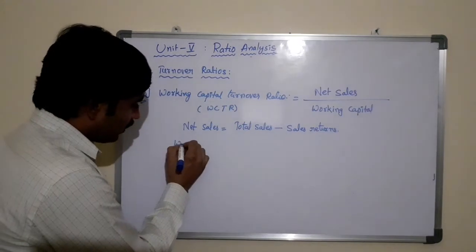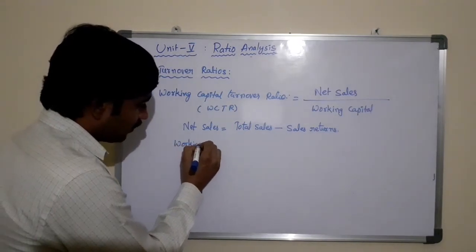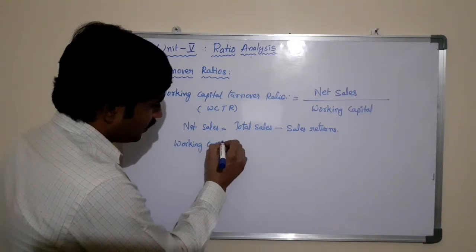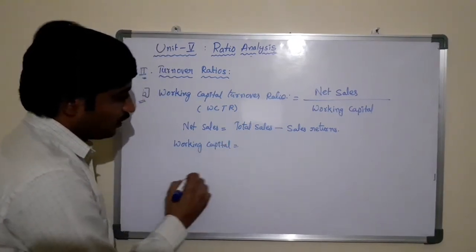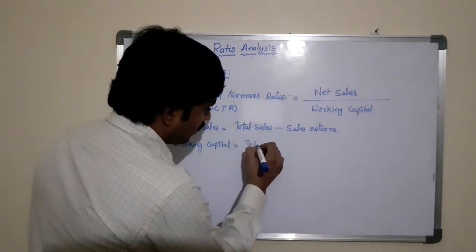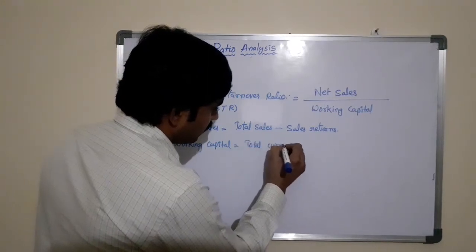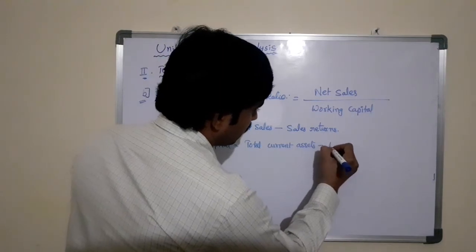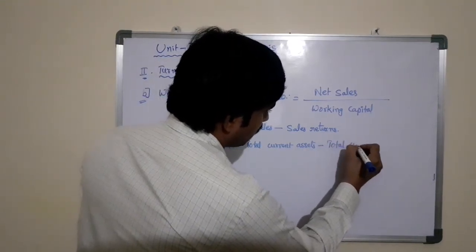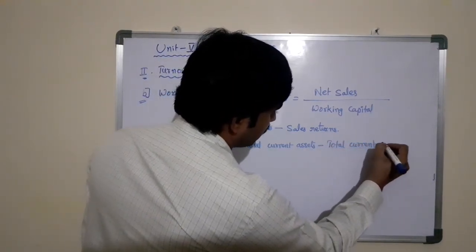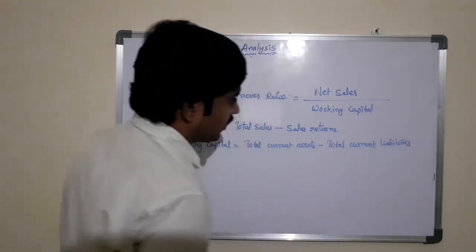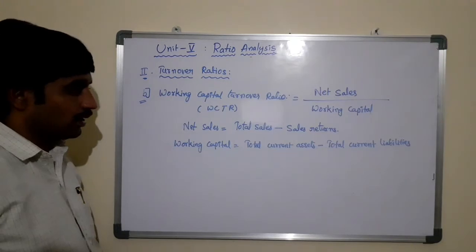And working capital can be calculated with the help of the current assets and current liabilities. That is, working capital equals total current assets minus total current liabilities.